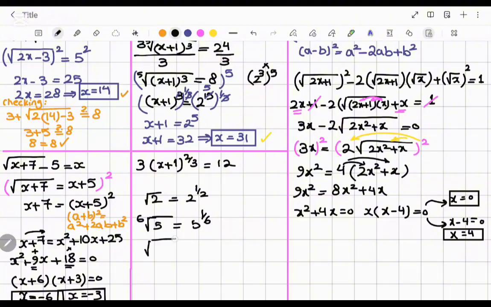Or if we have, I don't know, radical 3 to the power of 2 with the index of 5, it means 3 to the power of 2 over 5. We know that this is the meaning of a radical, okay? And if you don't know, I'm going to have a video on this too. I'm going to link it in the description box, and I'm going to link it here too so that you can watch it. But sometimes the radicals are written in fractional power form.